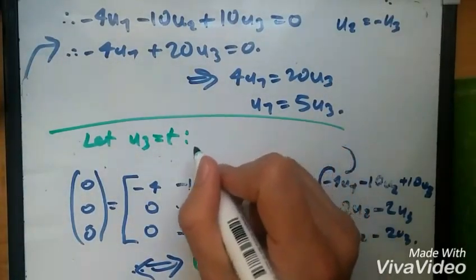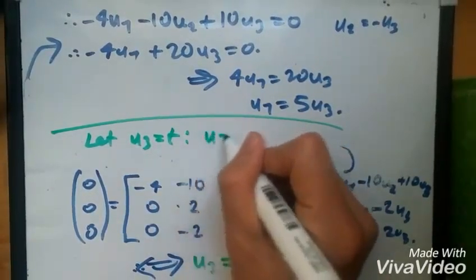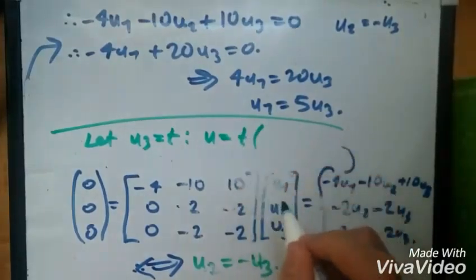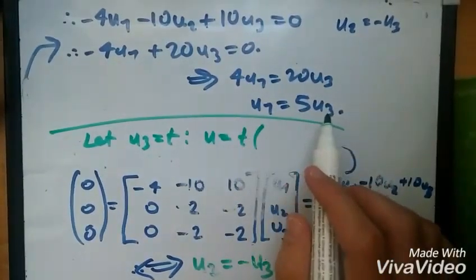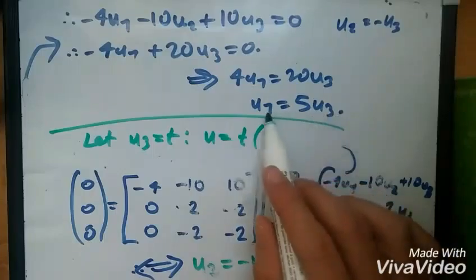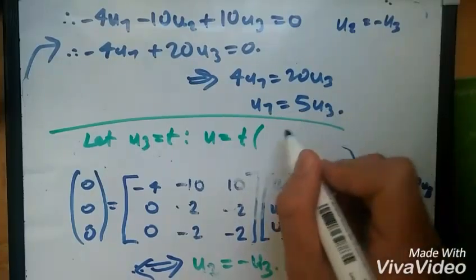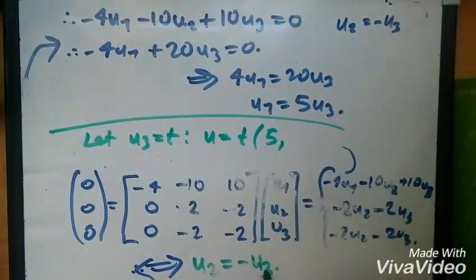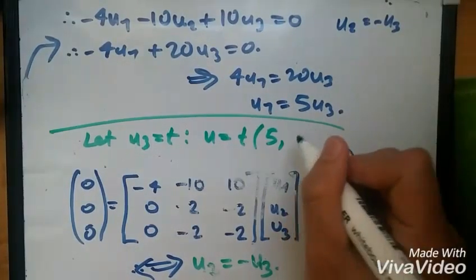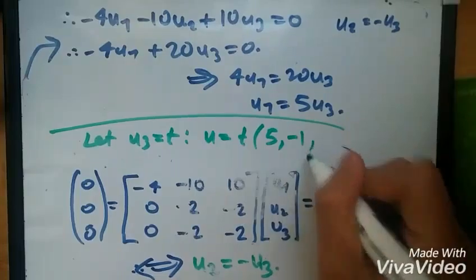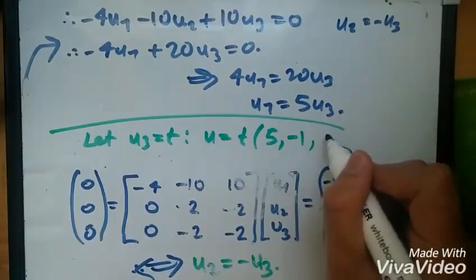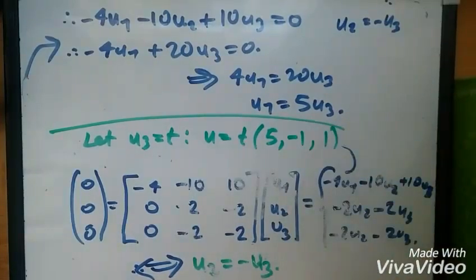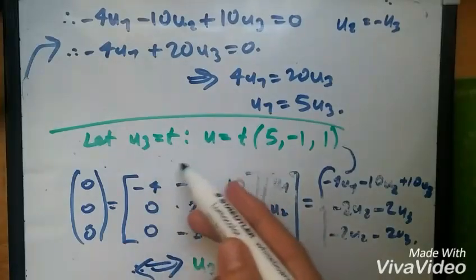Therefore, we could say that u equals t times the corresponding vector. So u1, if u3 equals t, that means u1 equals 5t. So put 5 here. And u2 equals minus t, so minus 1. And once again, obviously this would have to be 1 as well, because u3 equals t, which is t times 1.